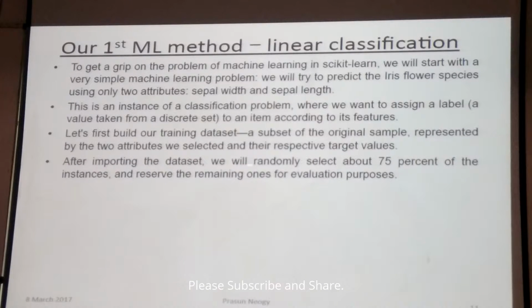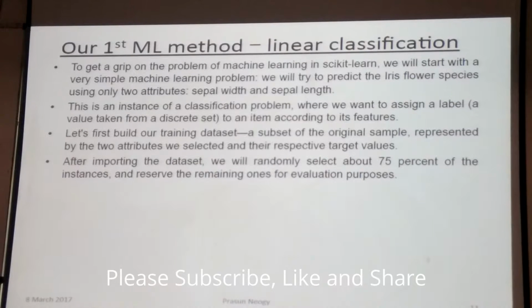After importing the dataset, we will randomly select about 75% of the instances and reserve the remaining ones for evaluation. What we normally do, let us try to find out. Given any data set, say that there is something called training.